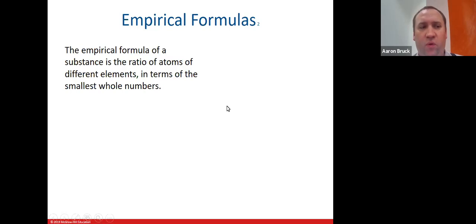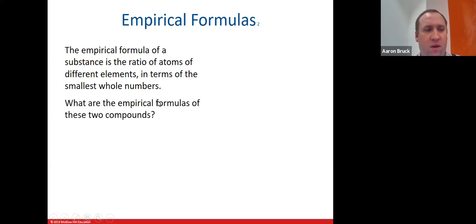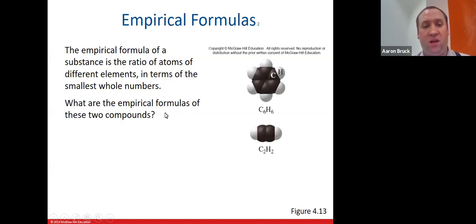As we've mentioned before, we're talking about the smallest whole number ratio of one element to another in a compound. So let's look at these two compounds and see if we can determine what that simple ratio would be. On one hand, I have C6H6. On another hand, I have C2H2.